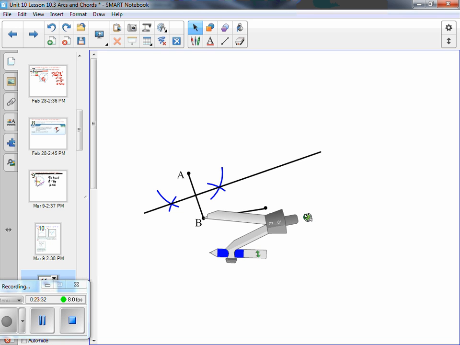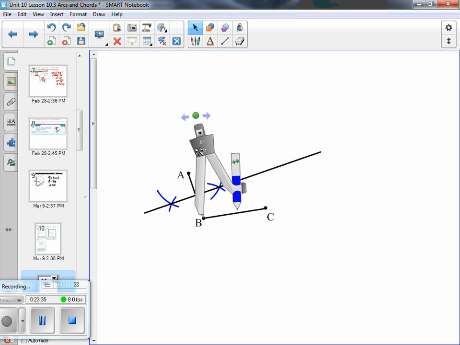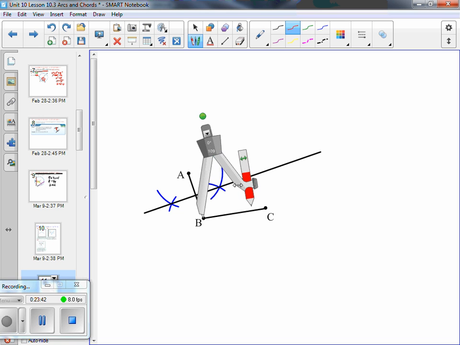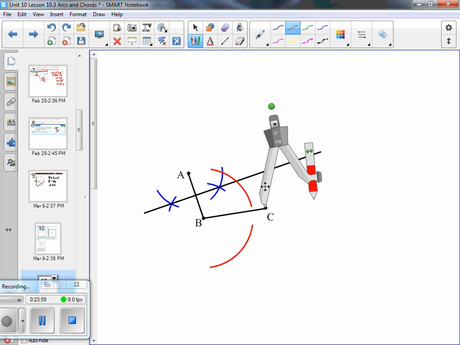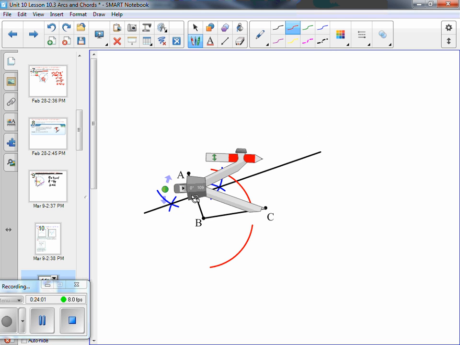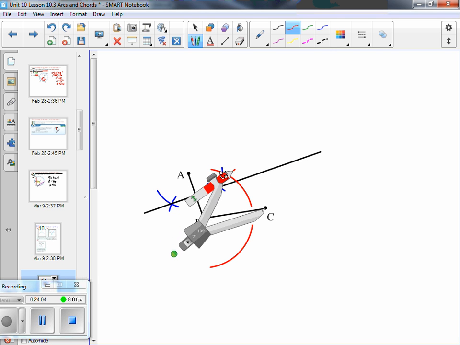Now we do the exact same thing to bisect segment BC. Put your compass point at one end point. Stretch your pencil out so that it's more than halfway to the other end. And then make an arc on each side of segment BC. Leave that same compass setting and then intersect the arcs that you just made.